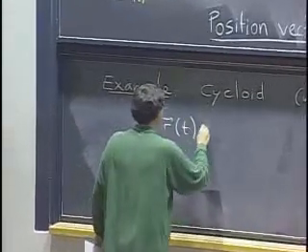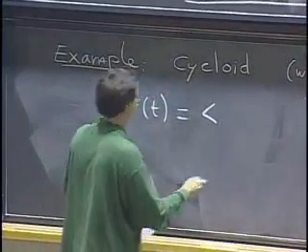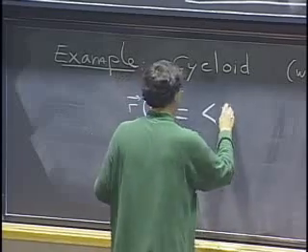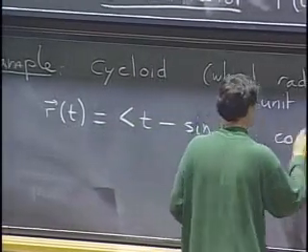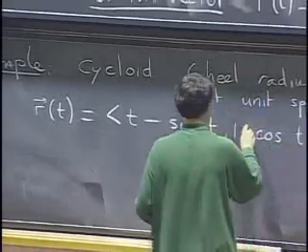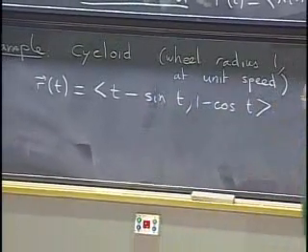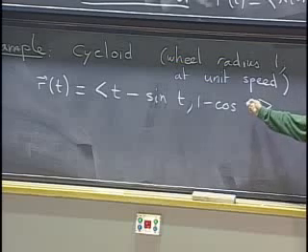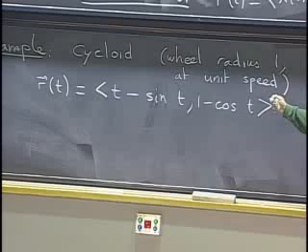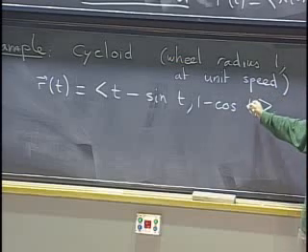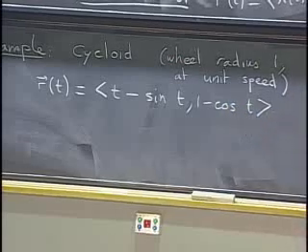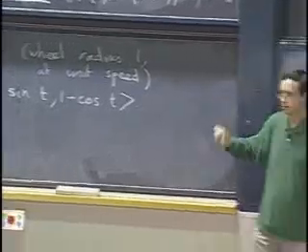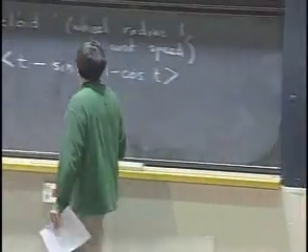Then the position vector, in this case, we found to be t minus sine t and, no, 1 minus cosine t. That's a formula that you should have in your notes from last time, except we had theta instead of t because we were using the angle. But now I'm saying we're moving at unit speed, so time and angle are the same thing.